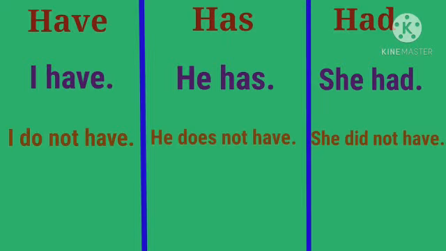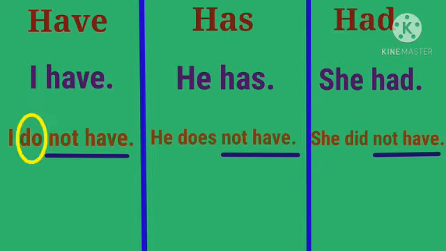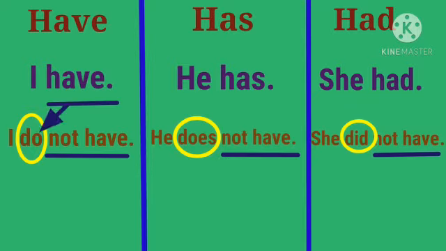So students, you can notice in each sentence not and have are the same, but only one word is different in each sentence. The different words are do, does and did. In the first sentence there was have, so we used do. In the second sentence there was has, so we used does.